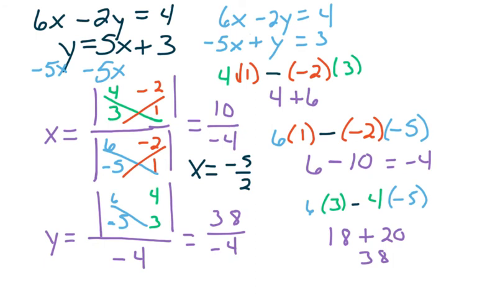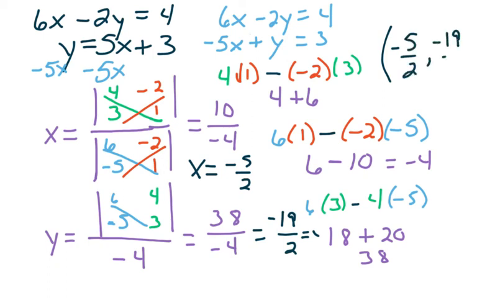Again, kind of scary, but not too bad, because I just have to reduce. Divide both of them by 2, you end up with negative 19 over 2. Again, a negative either goes on the top or the bottom, but not both. I don't like it on the bottom, so I stick it up on top so I don't lose it. So that's my y value. So my solution to this one is negative 5 halves and negative 19 halves.